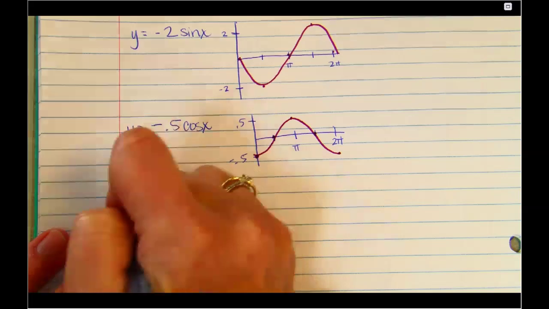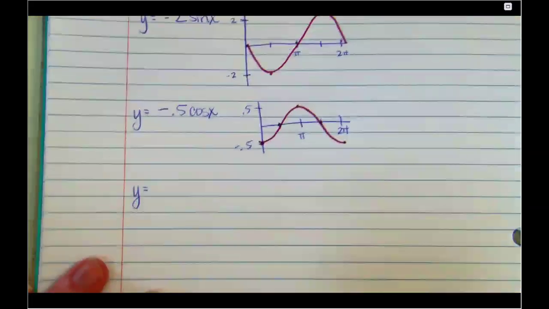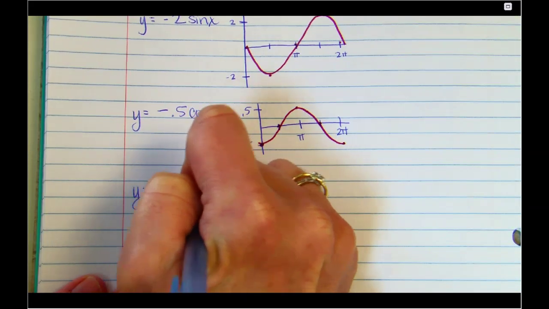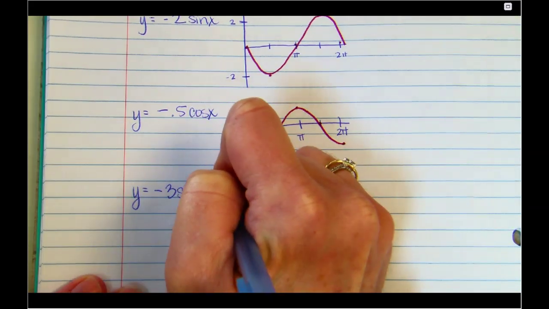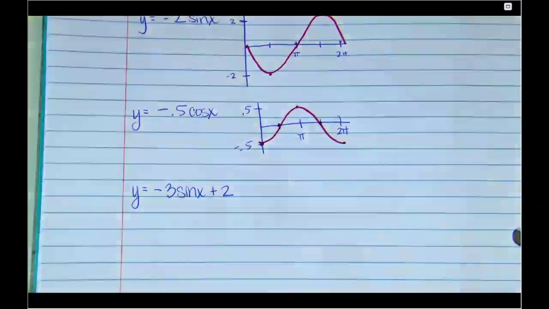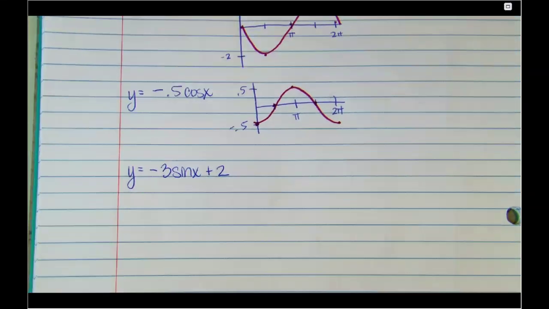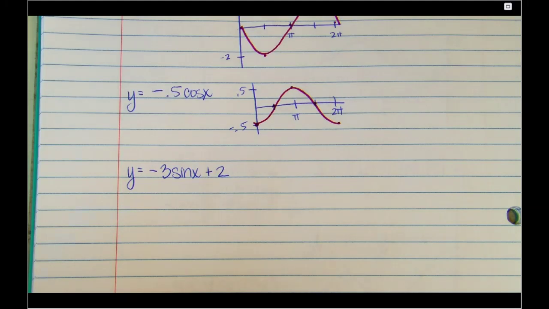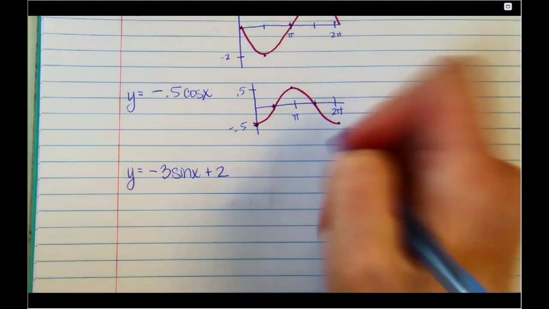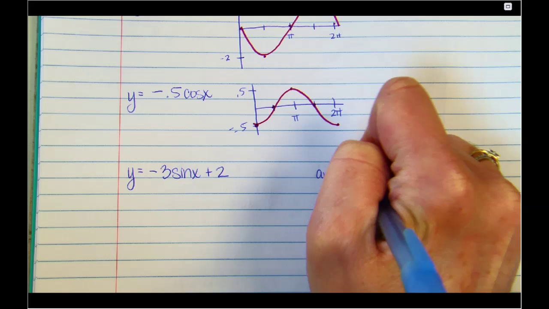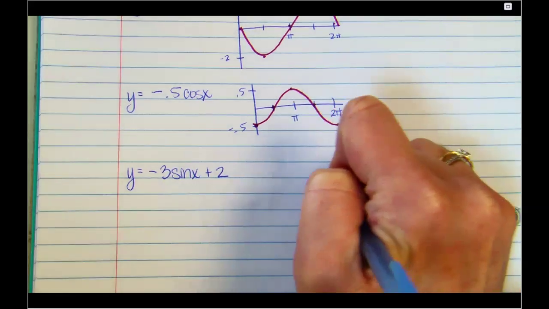Now, this is where I want us to spend a hot minute. So let's say we have -3 sine x plus 2. Okay, when you start to see this on a test, so we got enough information now that this is a little bit more what it would look like on a test.